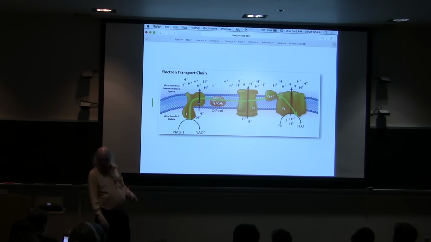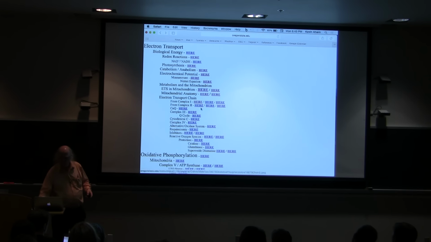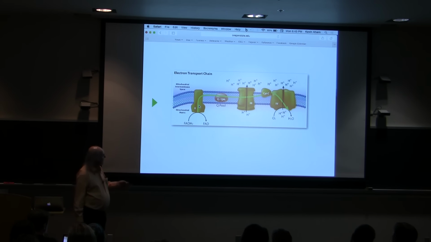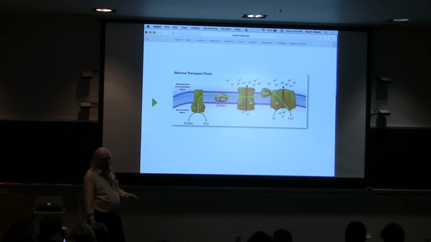And complex 2, which is coming up, basically follows the same path, but you see now they're passing electrons off to coenzyme Q, but no pumping of protons. So there are no protons going through complex 2.